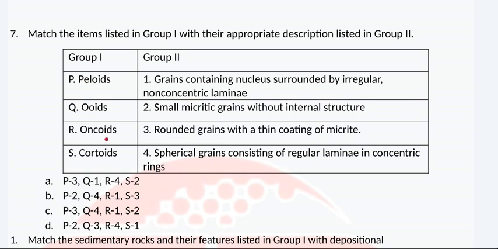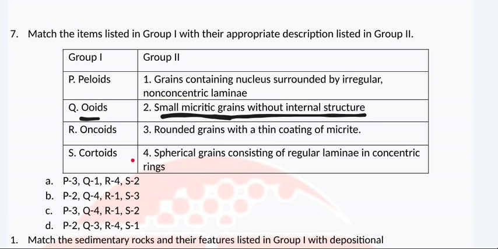Then oncoids also have internal structure but it is non-concentric. Coated grains have a coating of micrite over a rounded skeletal fragment. So pellets are small micritic grains without internal structure.